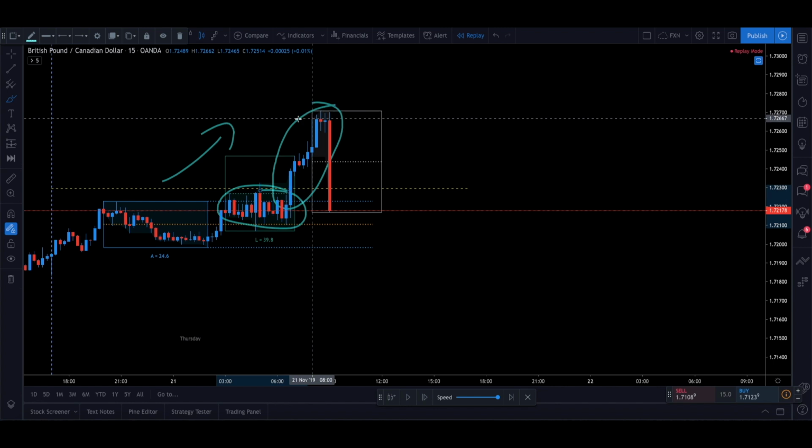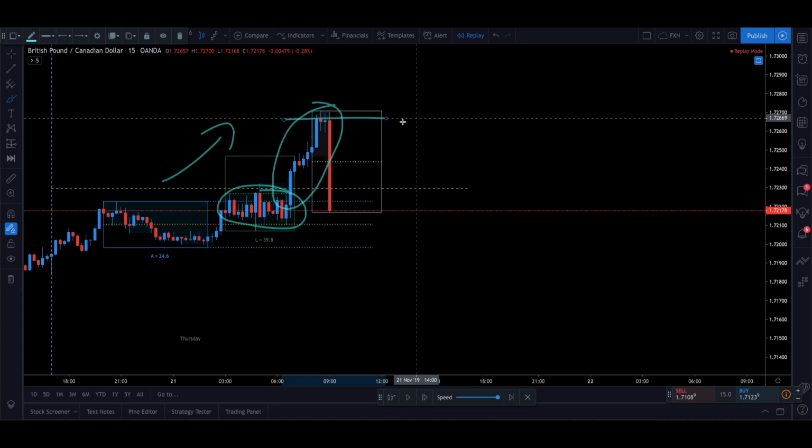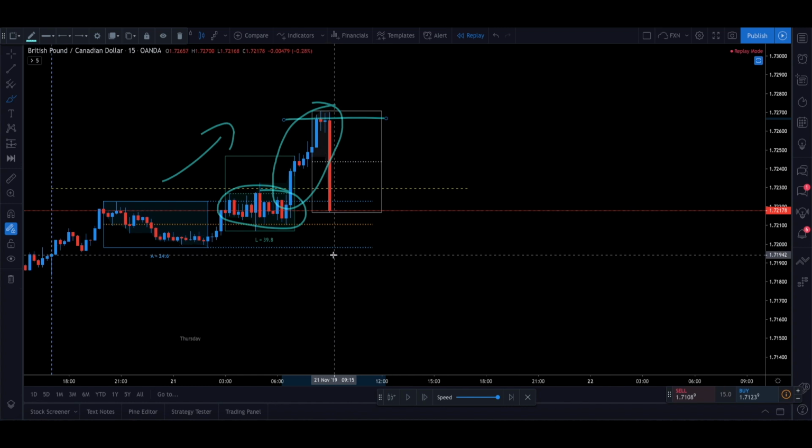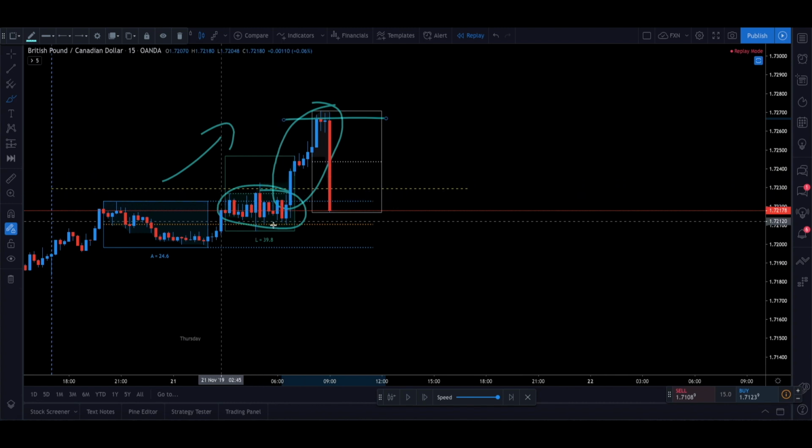Once they have enough, look what happens here. They get up to, let's call it, 72,700. And they're like, look, we're not going past 72,700. Okay. And sure enough, once they have enough, 9 o'clock comes, start of the U.S. session, boom, they drop. They have enough contracts. They've basically sold, right?